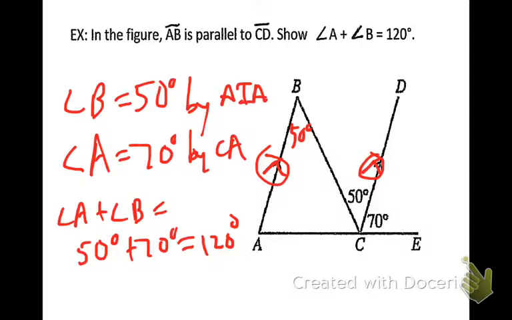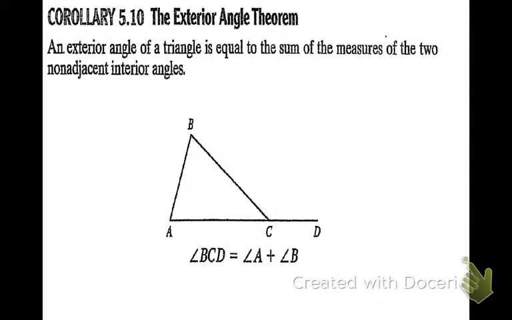Alright? What we have just done there, that process, is what we've done, we've shown the exterior angle theorem. The exterior angle theorem says an exterior angle of a triangle is equal to the sum of the measures of the two non-adjacent interior angles.